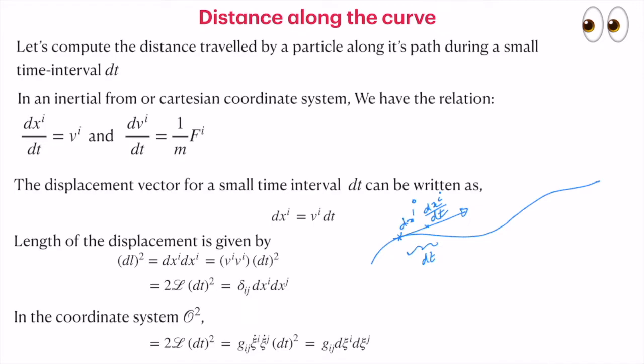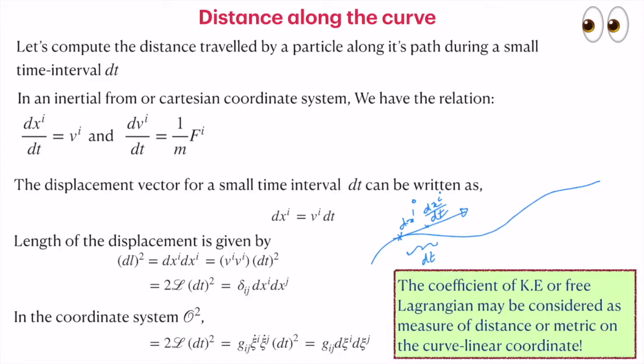This is what we call a metric in that space, adapted to the curvilinear coordinate system. So the coefficients of kinetic energy or free particle Lagrangian may be considered as a measure of distance, or the metric, on a curvilinear coordinate. This is what we are trying to show. It is not just the distance along the particle trajectory, it in fact represents the distance in the coordinate system itself. Let's look at a quick example.